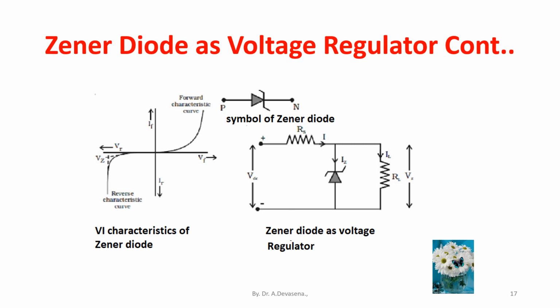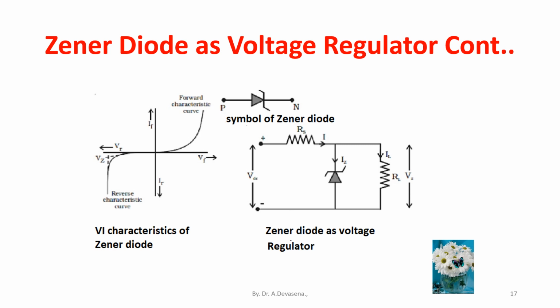That is, the negative terminal of the Zener diode is connected to the battery's positive terminal, and the positive terminal of the Zener diode is connected to the negative terminal of the battery. And across the Zener diode, the load resistance RL is connected. This is indicated here.